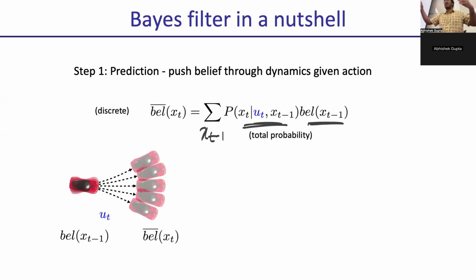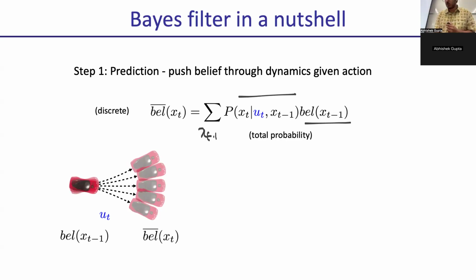It's useful to think of it like a graph almost. This is the likelihood that my car was here, and this is the likelihood that if I was in xt minus 1, I would have transitioned to xt. So the solution is a sum over xt minus 1 of the motion model times the belief at xt minus 1. That's how I go from belief at xt minus 1 to belief bar at xt.